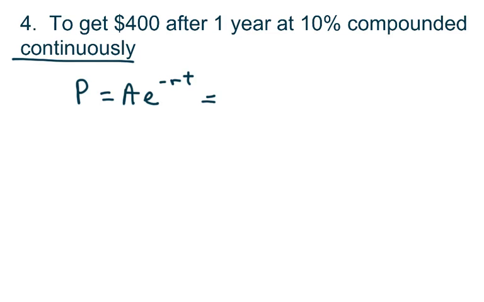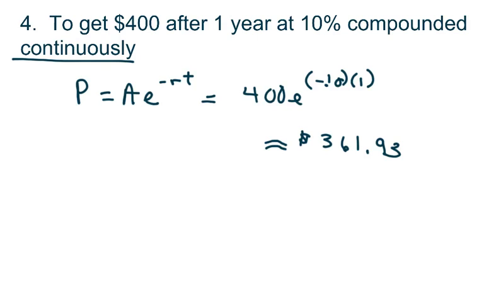So this is going to equal 400 e to the negative 0.10 times 1. And this is going to be approximately 361.93. Alright?